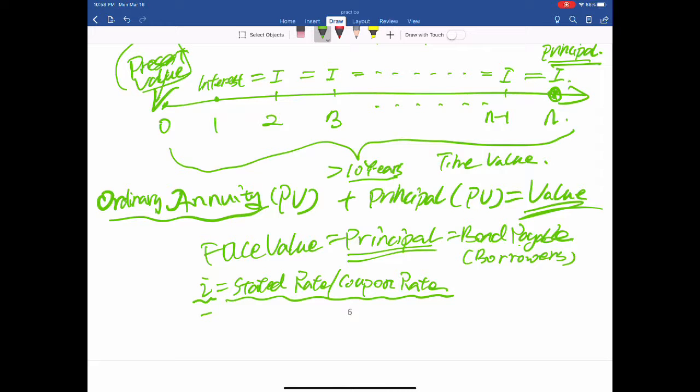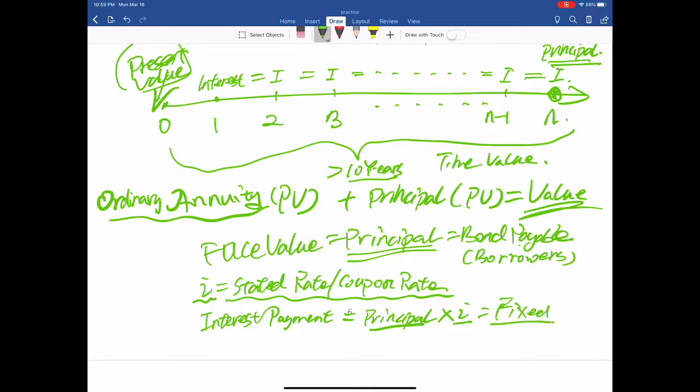Actually, the interest payment is a product of the principal, or the face value of the bond, and the coupon rate I. Because principal and coupon rate are all in the agreement, they are determined when both parties sign the contract, so they are all fixed. So that means the interest payment is also a fixed amount.